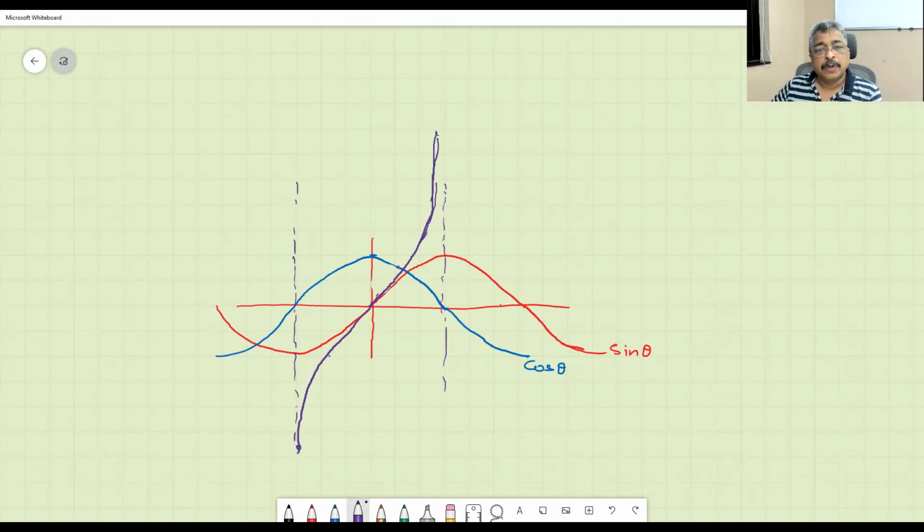Okay. Now this nature of the curve, when it goes near pi by 2 or near minus pi by 2, is called asymptotic.